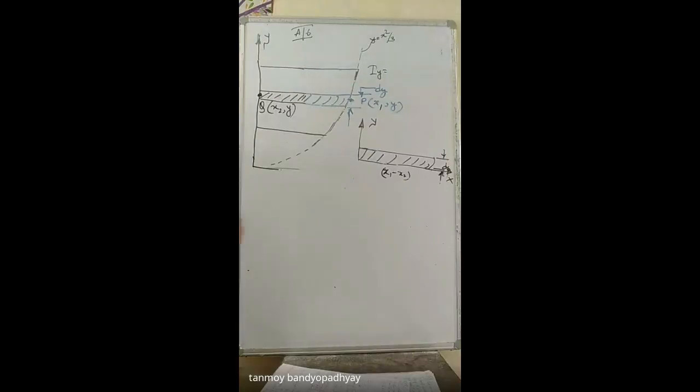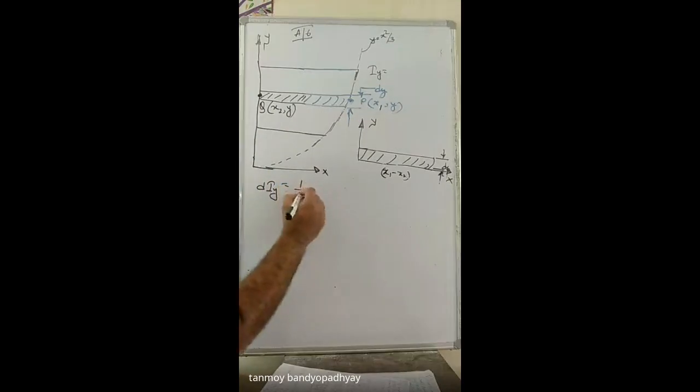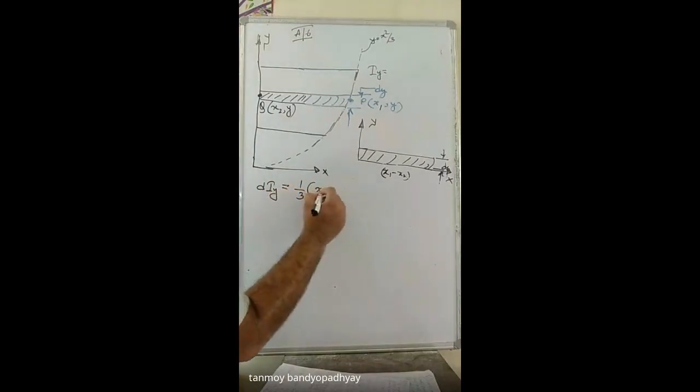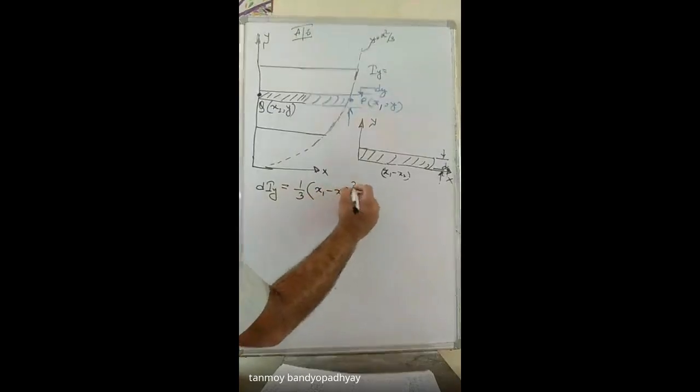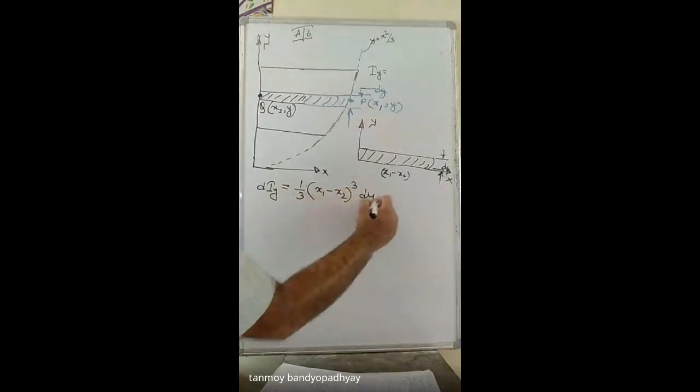So what will be dIy for this elemental area? It should be equal to 1/3 into b h cube, by 3. So this one is (x1 minus x2) whole cube into dy.